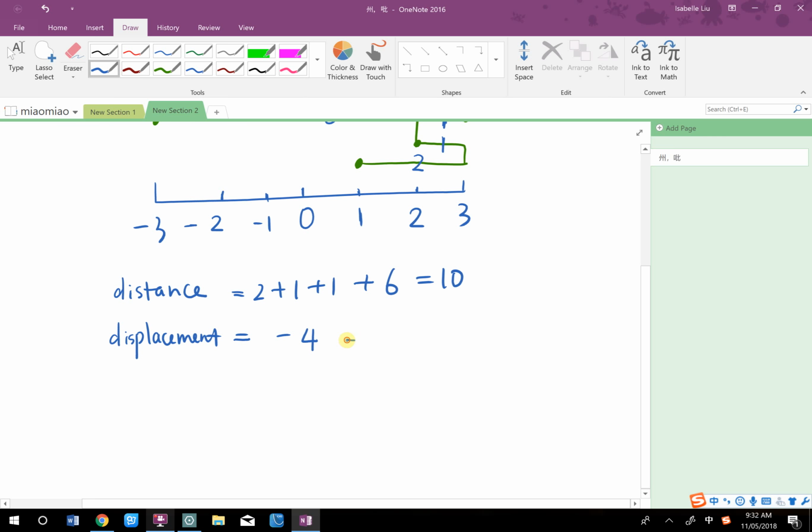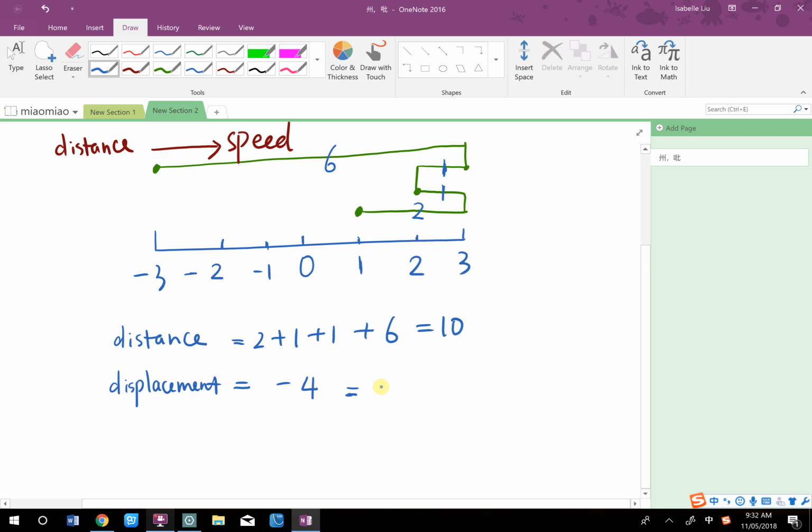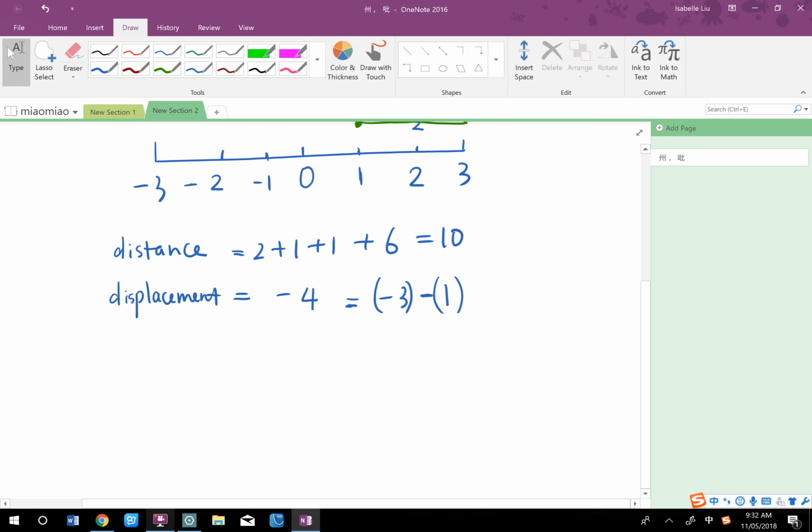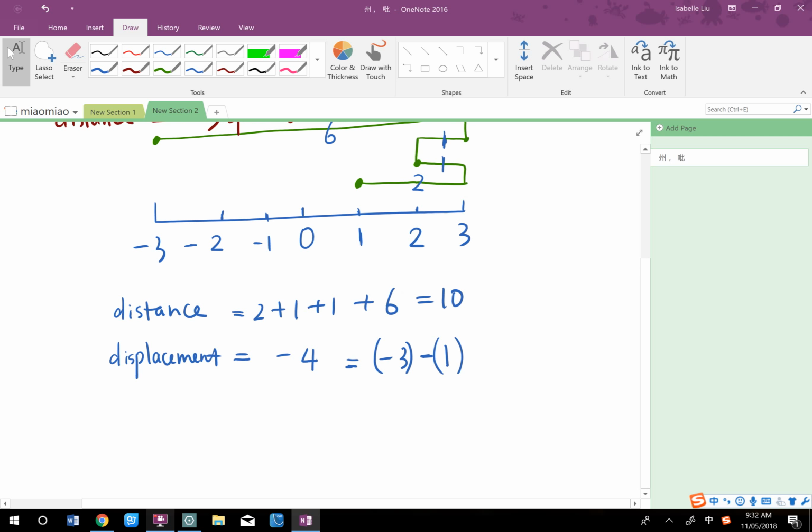What I use is my final position, which is negative 3, minus the initial position. It's always the final position minus the initial position. That gives me minus 4. So minus 4 is the change between the starting position and finishing position. Negative 3 is my finishing position, 1 is my starting position.